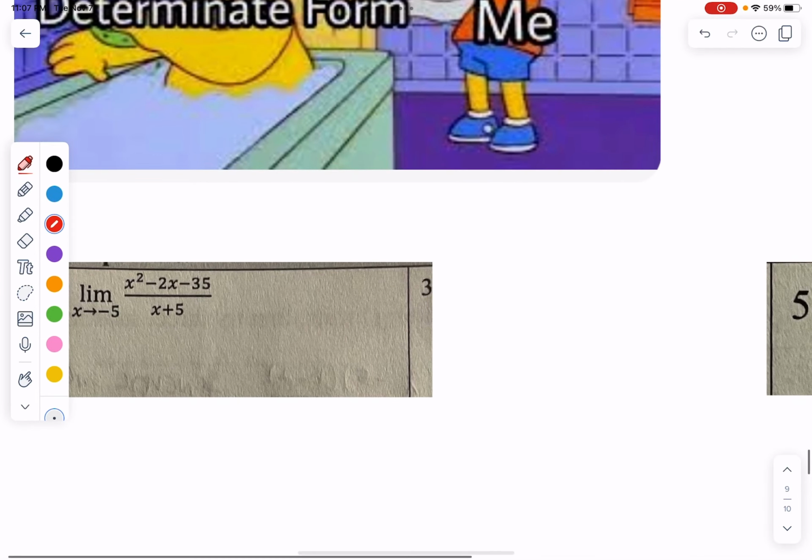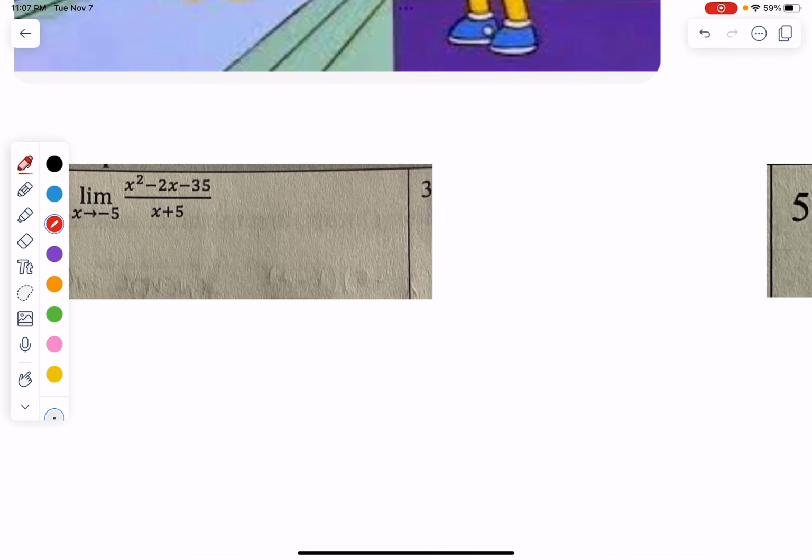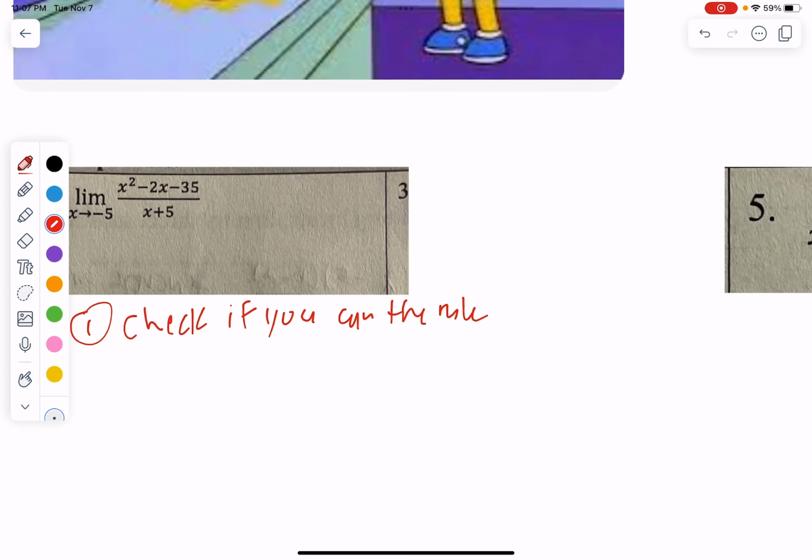So here we have a limit as x approaches negative 5 of this. The first thing you want to do is double check if you can use the rule. This is a little bit annoying, but a lot of the time you won't even need to use the rule because it doesn't lead to an indeterminate form.